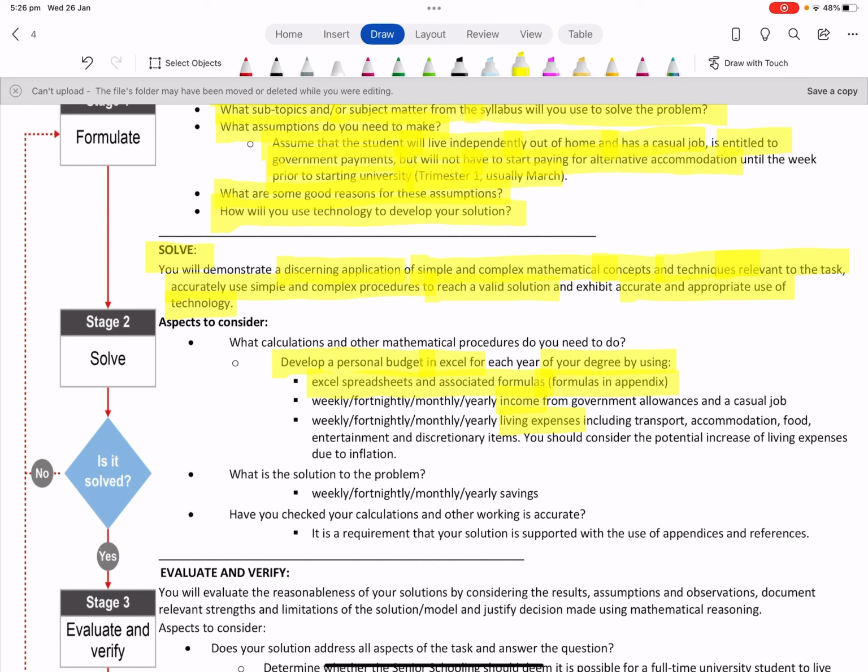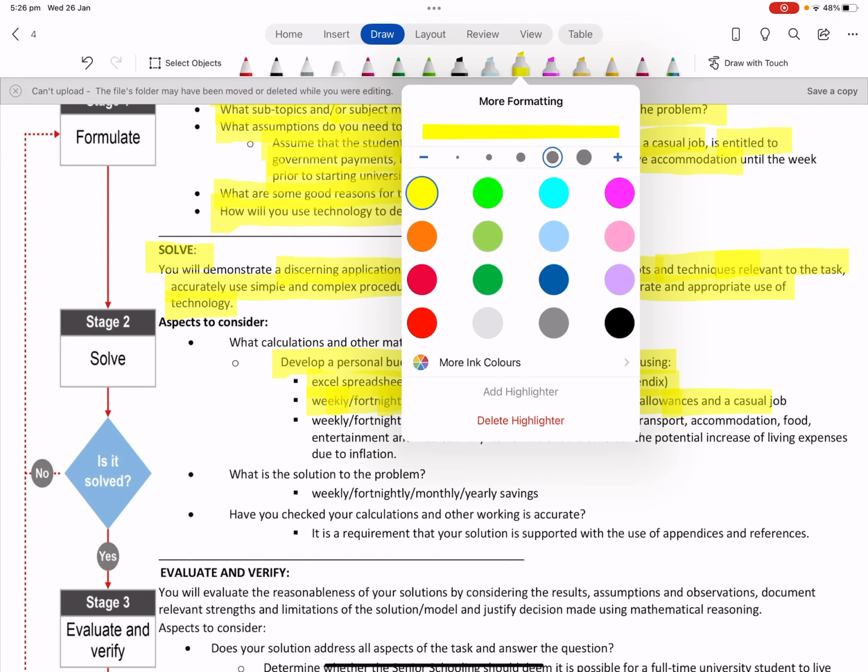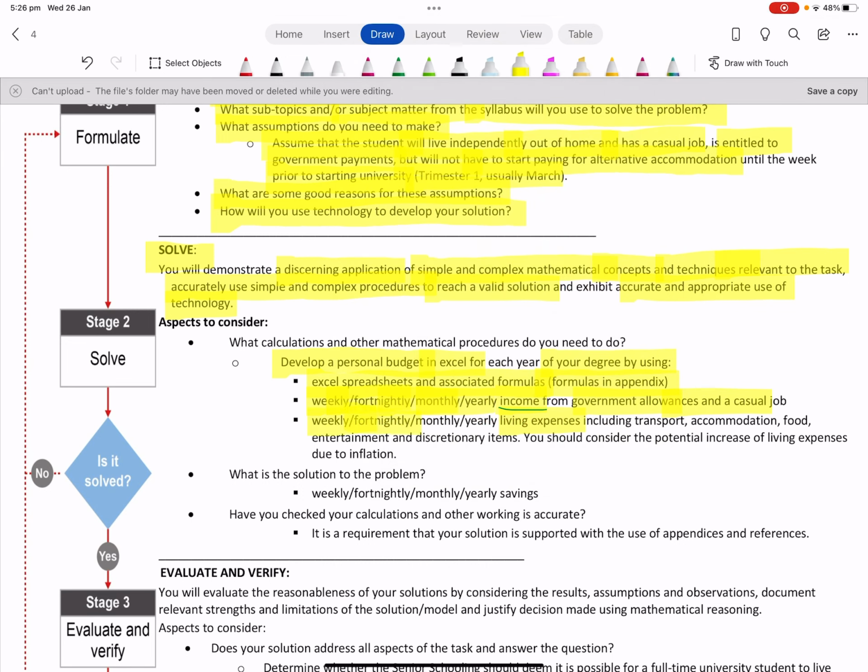Your budget will be weekly, fortnightly, monthly, and yearly, all in one for the income. And that would include income from the government as well as your casual job. And you will want weekly, fortnightly, monthly, and yearly living expenses within your budget as well.